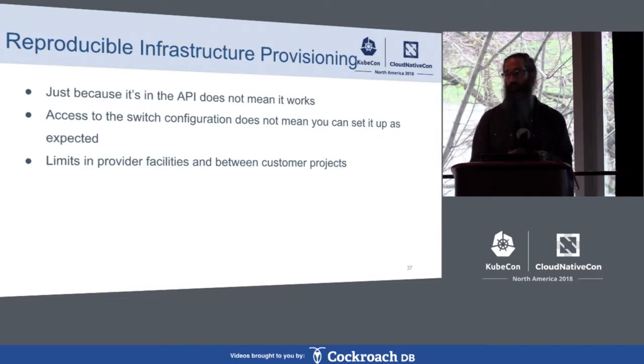So the APIs. There are things that we ran into pretty quickly where maybe on Packet, they have it in an API, but they don't support it in the libraries, because these aren't things that other people are doing. So we're kind of driving those early. Access to configuration of, say, the switches.